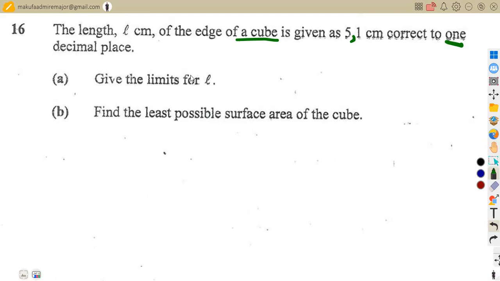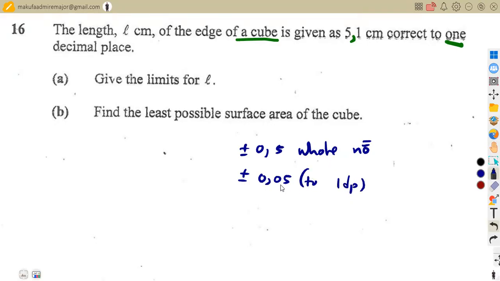Whenever you're talking about limits, we work with plus or minus 0,5 when it was rounded to the whole number, and plus or minus 0,05 when it is rounded to 1 decimal place. For us to obtain a 1 digit, we must have 2 digits after the comma.